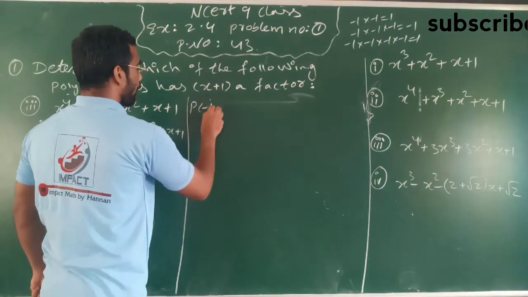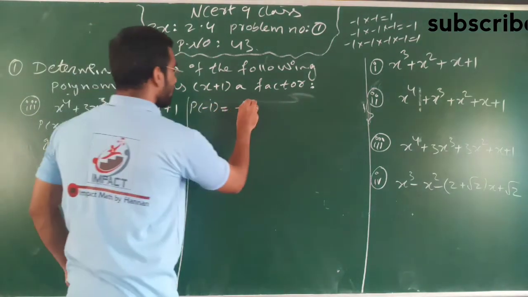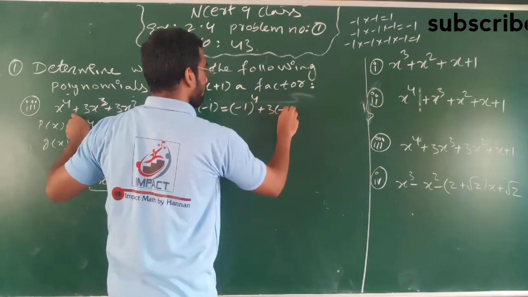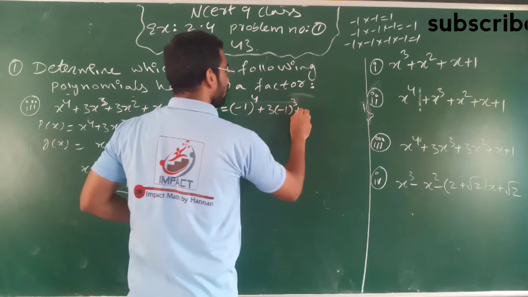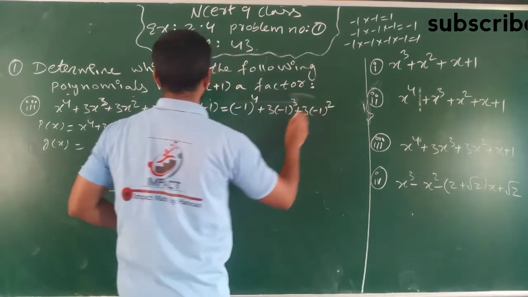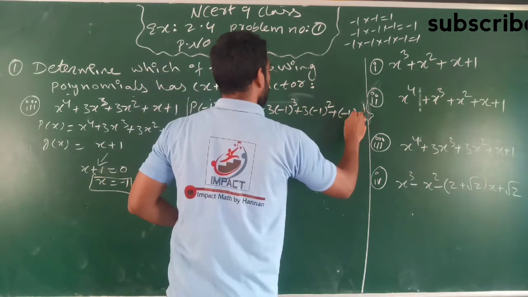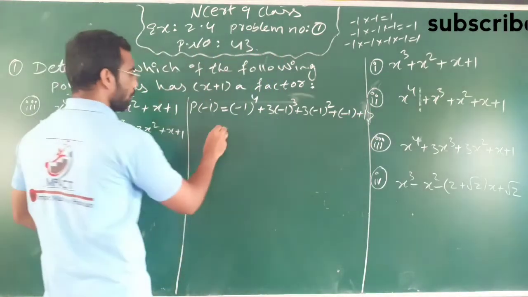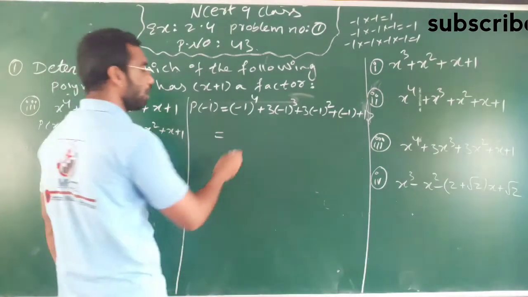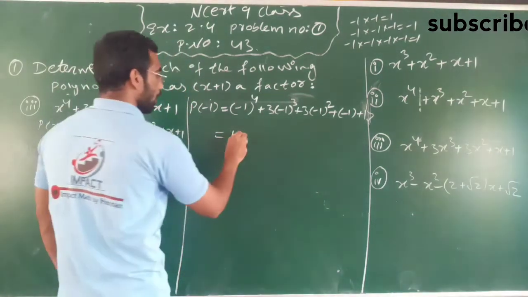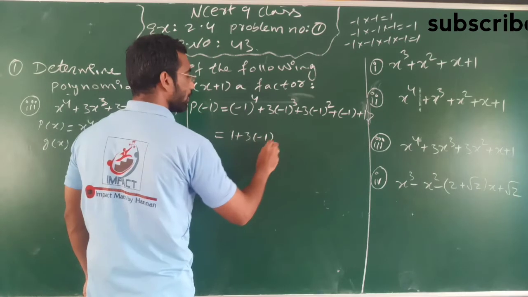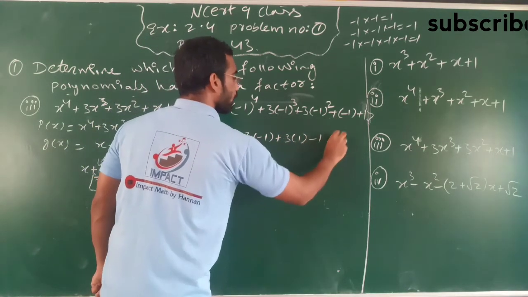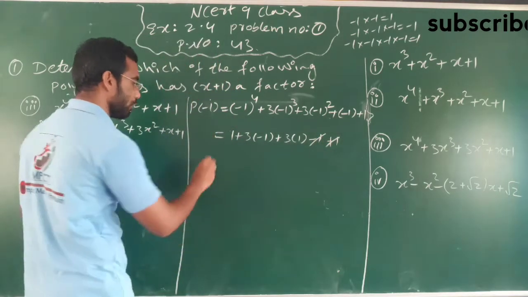P of minus 1 equal to minus 1 power of 4 plus 3 into minus 1 power of 3 plus 3 into minus 1 power of 2 plus of minus 1 plus 1. Now 1 power of 4 will be 1, plus 3 into minus 1, plus 3 into 1, plus minus 1 plus 1. Minus 1 plus 1 cancel to 0, no problem.